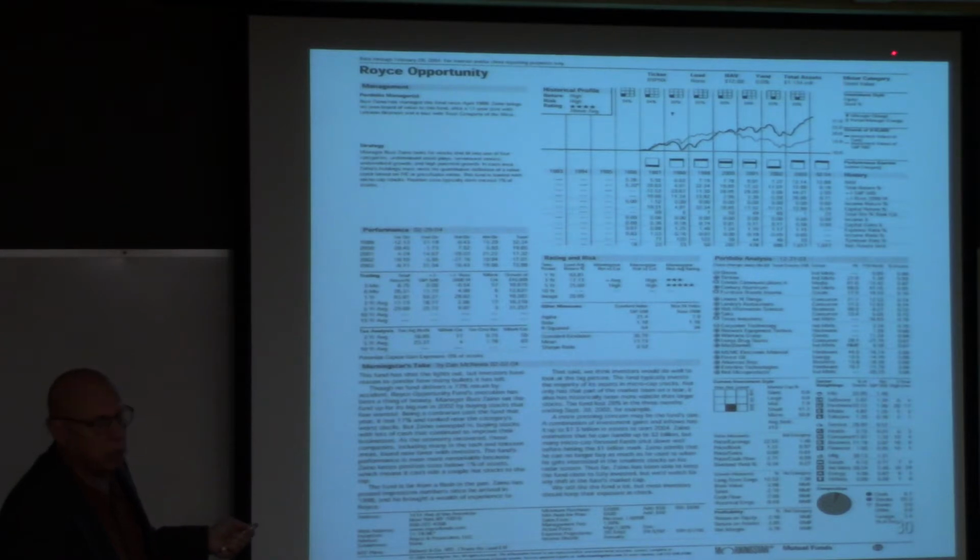And here's the type of fund it is, the Morningstar category. Small cap value. Okay? And this is what percentage of the fund is in small cap value, and they've been consistently small cap value.